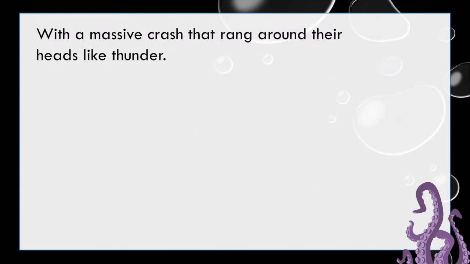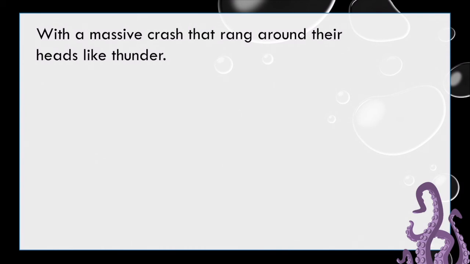Let's do another example. With a massive crash that rang around their heads like thunder. It's got a bit of simile in there, like thunder. It's not just a crash, it's a massive crash. It's got a lot of the things that you are adding to your sentences, just sometimes forgetting the sentence. So, what could happen with a massive crash that rang around their heads like thunder?